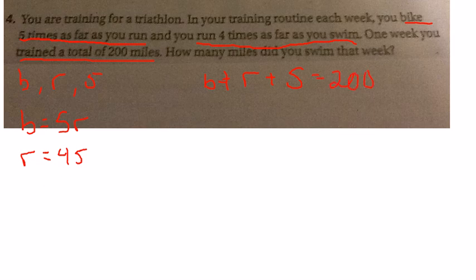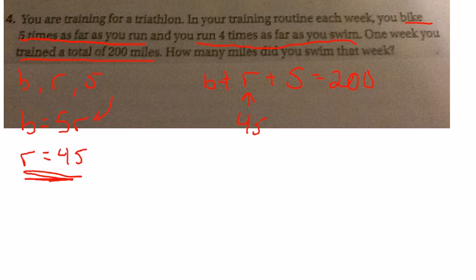If you look here, I've got R is 4S. Here, I've got R, so why don't I make that 4S? Problem, I don't have B in terms of S.